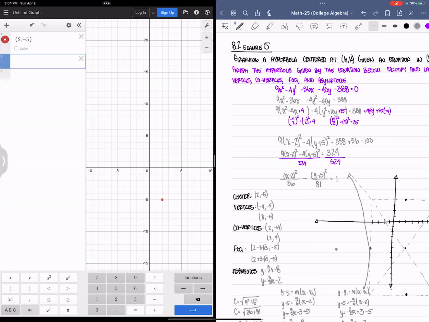The next one is our vertices at -4, -5. Next one is 8, -5.